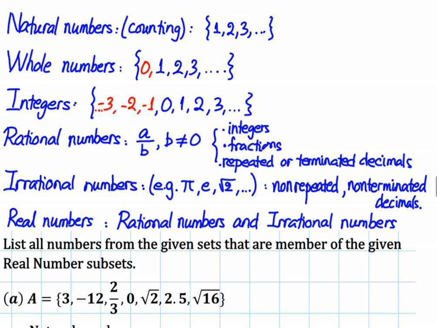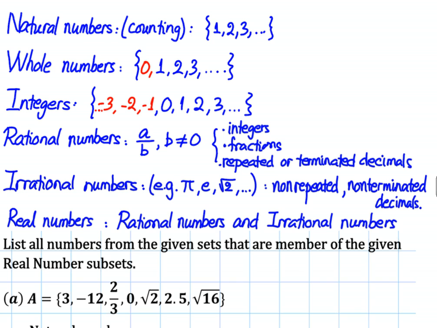So the rational numbers include the integers, fractions, repeating decimals, and terminating decimals. For example, 0.25, which is 1/4, terminating. And then repeating, 1/3, 0.333. So all of those are included with your rational numbers.